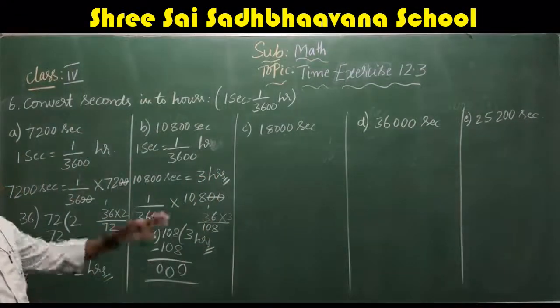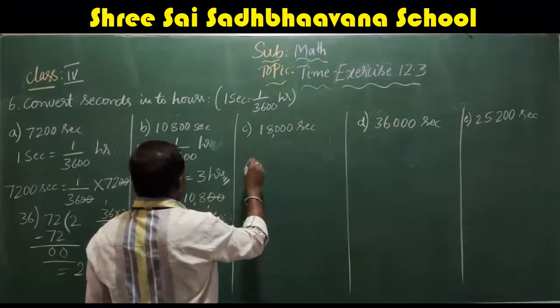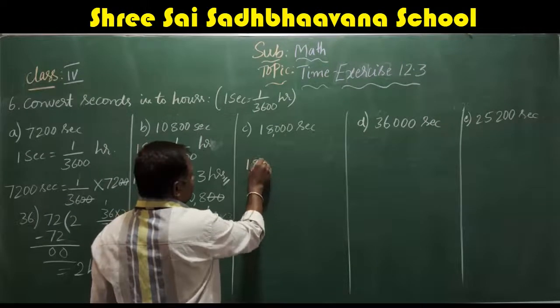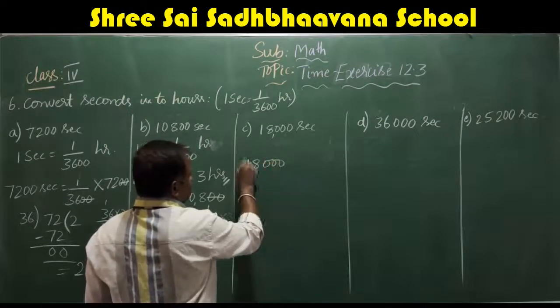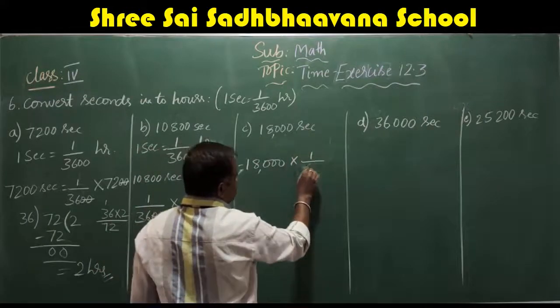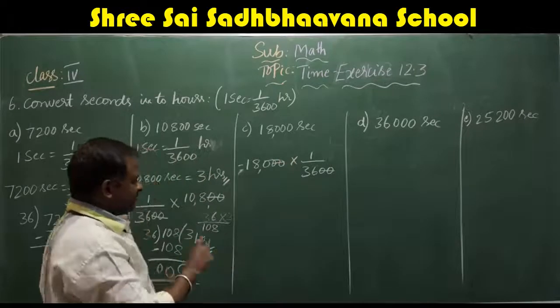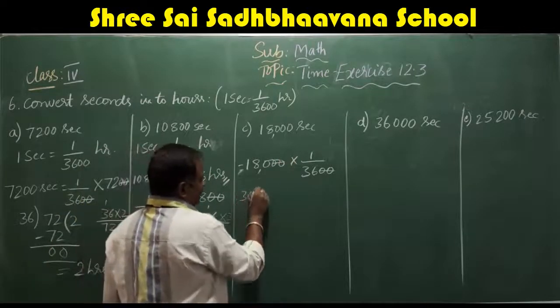Come to here, 18,000 seconds. So directly we will do 18,000 into 1 by 3600. 2 zeros cancel. From 36 you divide 180.